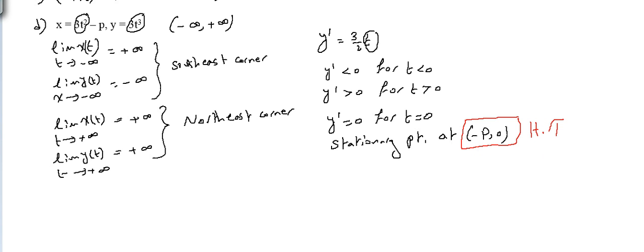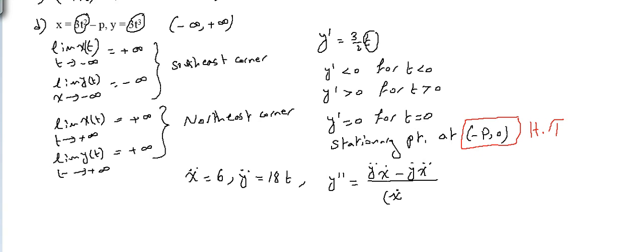Let's find the second derivative. X double dot is the derivative of x dot. X dot was 6t, so it's 6. Y double dot is the derivative of y dot. Y dot was 9t squared, so it's 18t. So what is y double prime? It's y double dot times x dot minus y dot times x double dot, over x dot to the power 3.